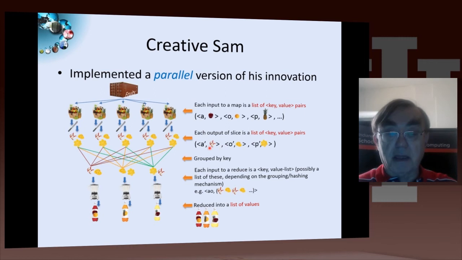Then we group them together by the key, where the key is A prime, O prime, P prime, the sliced fruit. And then we deliver them to a blender, which, because we want to have some control over the taste, we blend each of the fruits separately. And so that's where we have these reduce functions here.